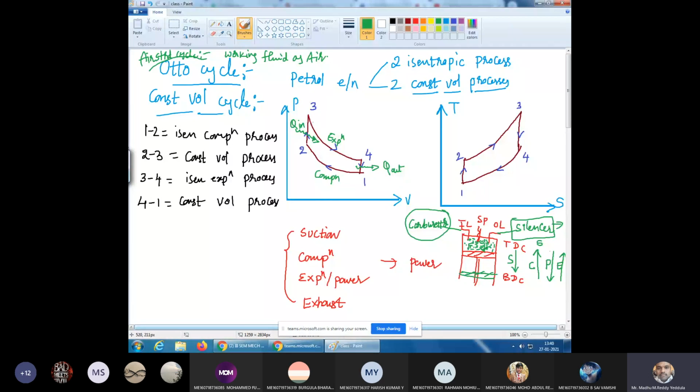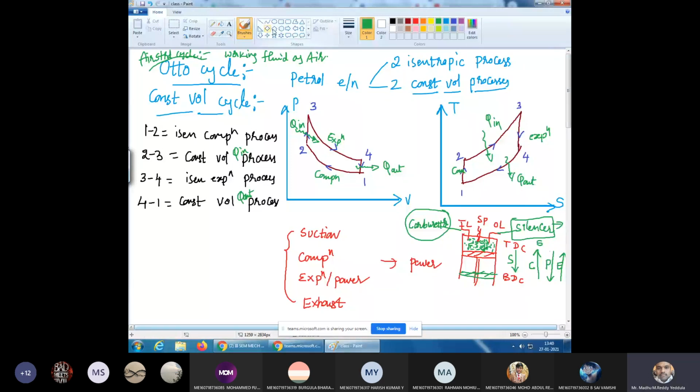Here this is the compression, heat addition. Now the constant volume heat addition process and constant volume heat rejection process. In the same way, 1 to 2 is the compression, 2 to 3 heat addition, and 3 to 4 is the expansion process, and 4 to 1 is the heat rejection process.